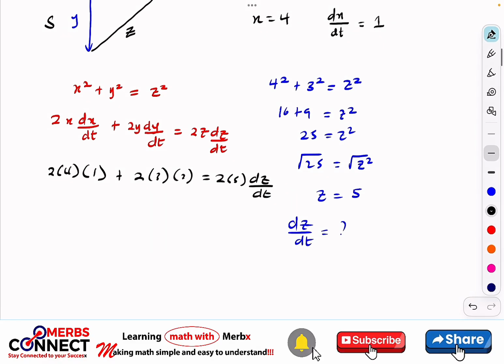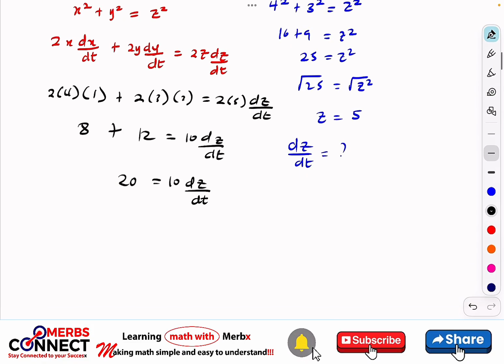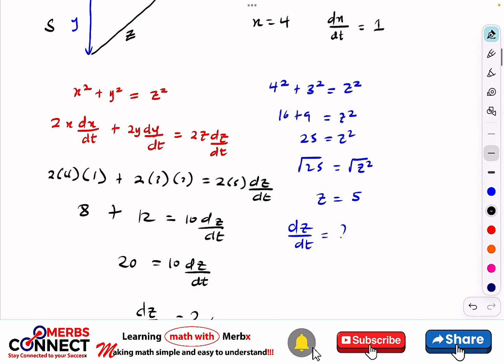So this gives us 8 plus 12, which is 20, equal to 10 dz over dt. Now we divide through by 10, and we have dz over dt equal to 2. So this will be the rate of change of the distance.